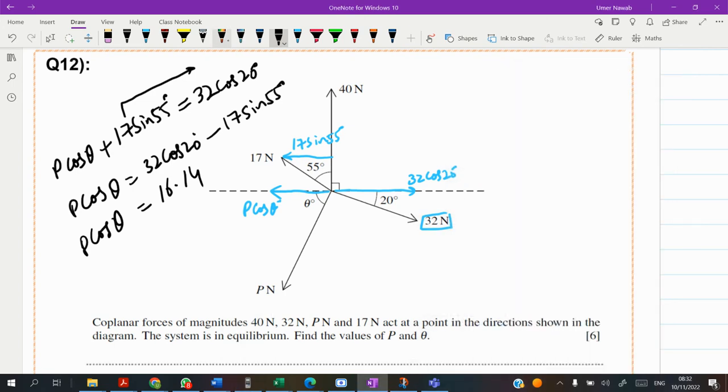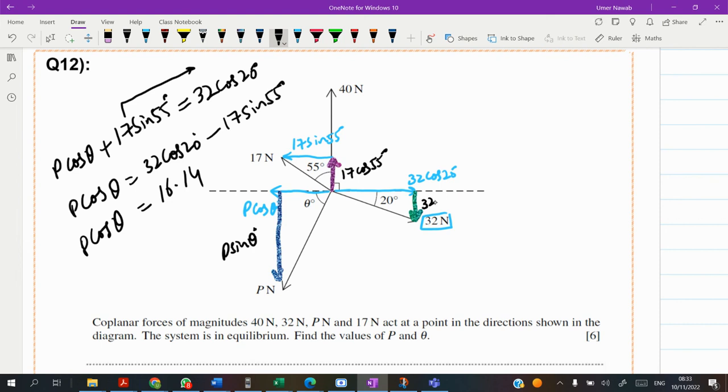Next, I need to get my y components. There are two forces on this side. This is 17 cosine of 55. This is p sine of theta.